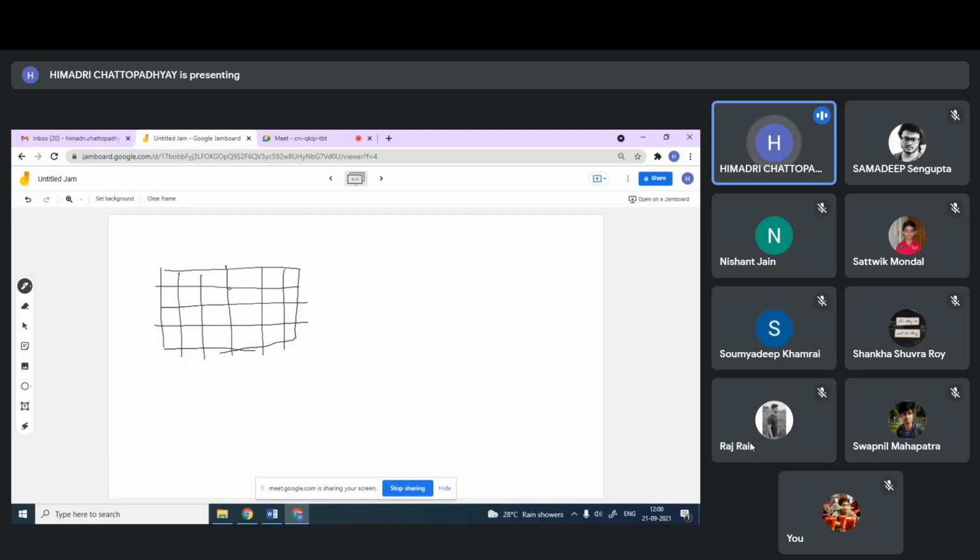Maybe this side you have 100 elements, this side you have 50 elements. So there will be a 100 into 50 matrix, with 100 unknowns like T1, T2, T3, T4. So some coefficient into temperature is equal to something.